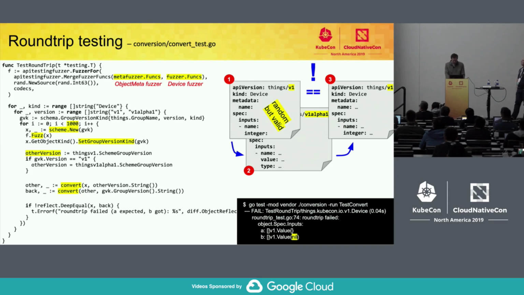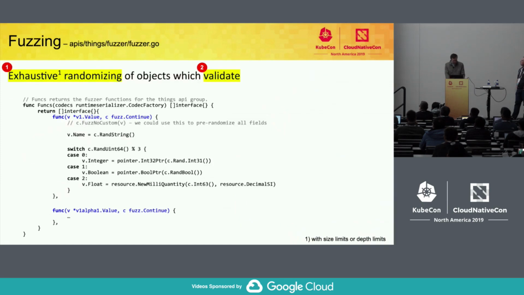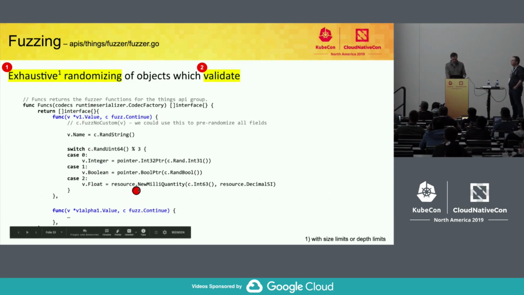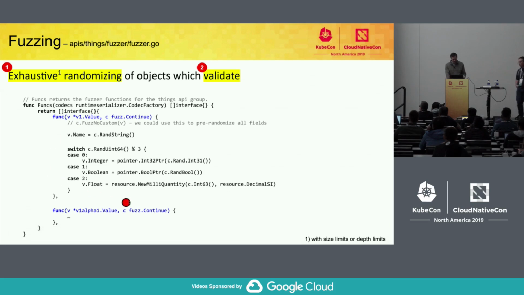Now, we're going to have to augment that a little bit. If you go and look in the APIs directory, you can see the directory listed right up at the top. If you look at this file, what we've done is augment our fuzzer to know how to handle and produce a valid value in the case where you can have either an integer, a Boolean, or a float.